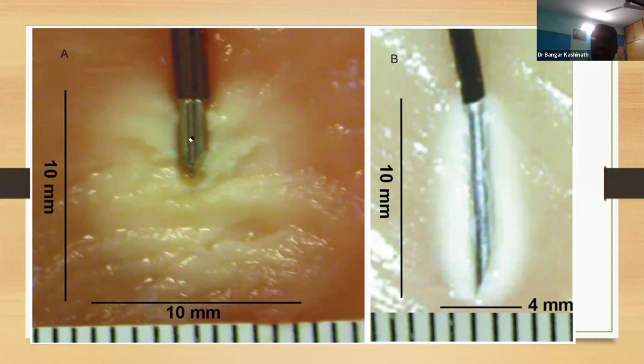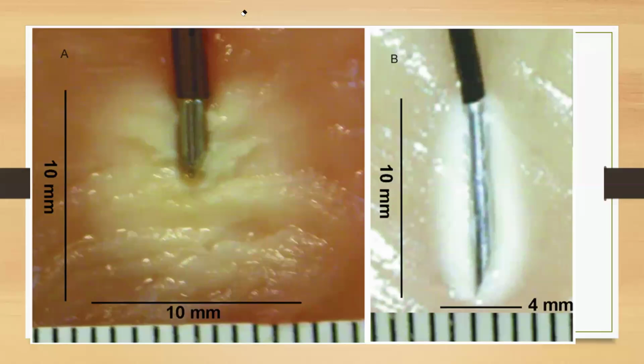Increasing the voltage ideally should increase the temperature, but that doesn't happen because the water flow dissipates the thermal energy, and you go on increasing the voltage. The temperature remains the same, and as we have seen, increasing voltage increases the lesion size. Is that clear? Yes, sir.